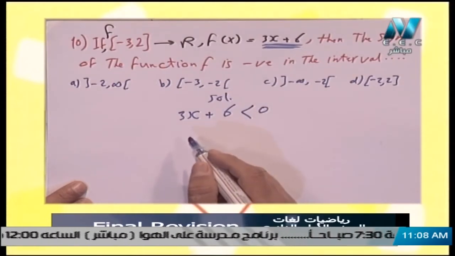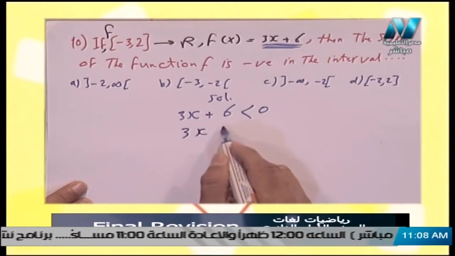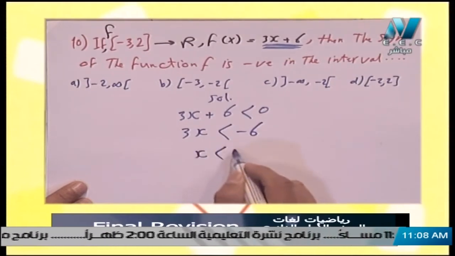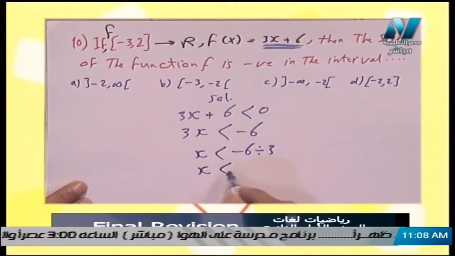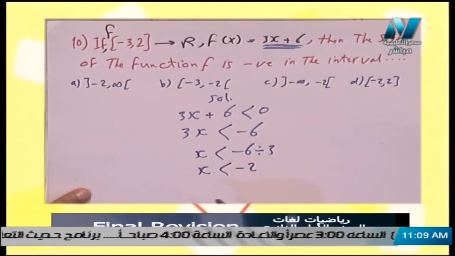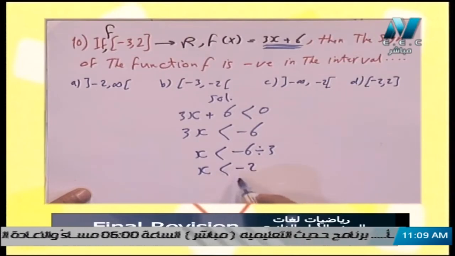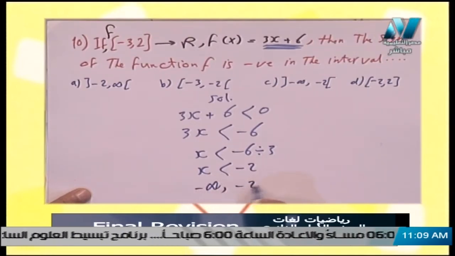And we will solve this inequality. 3x will be less than negative 6. x less than negative 6 divided by 3. So x less than negative 2. Okay, less than negative 2 in general means negative infinity to negative 2 open.